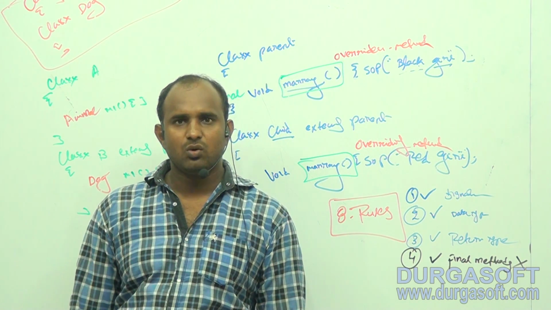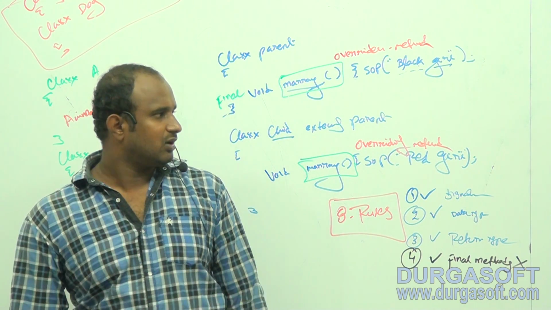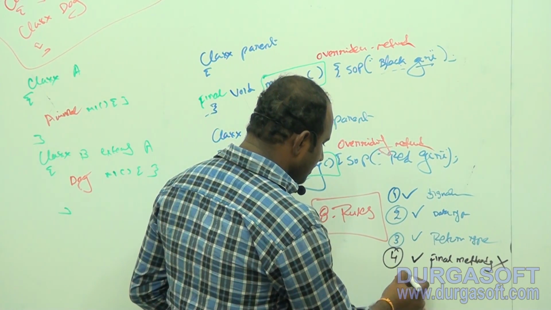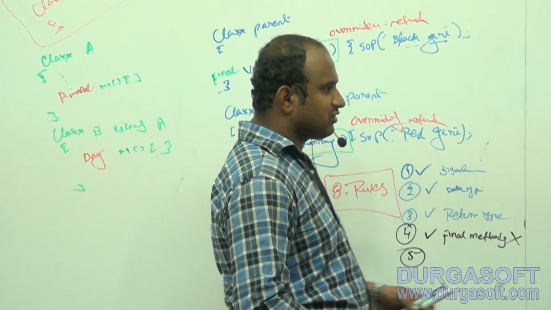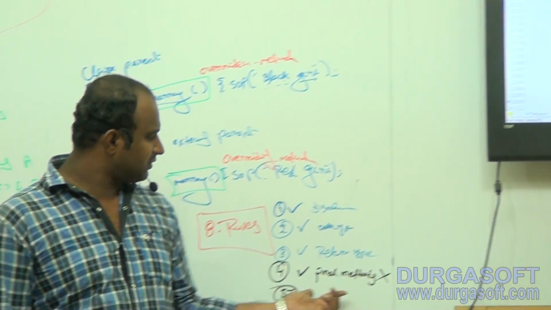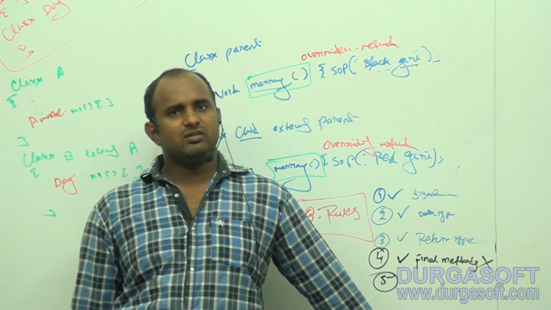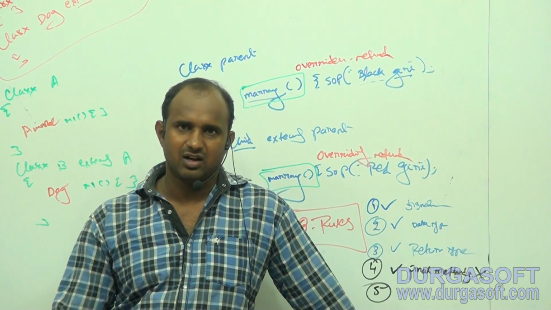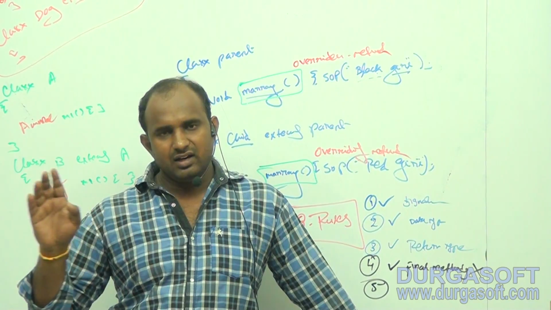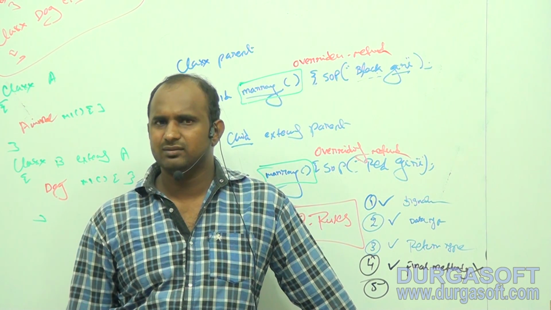The next one is rule number 5. I will discuss rule number 5 regarding the static modifier. Generally, instance methods are linked with the object, and memory is allocated during object creation, right? What about static?